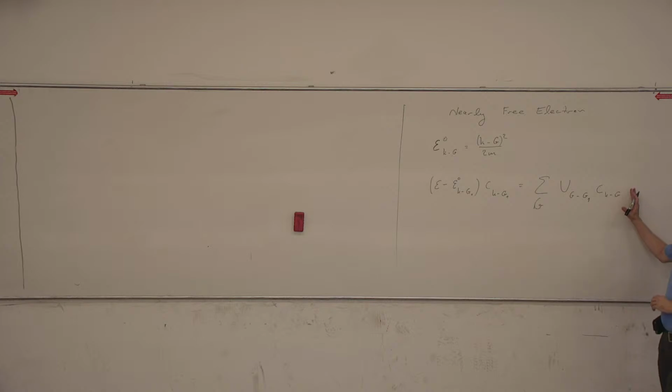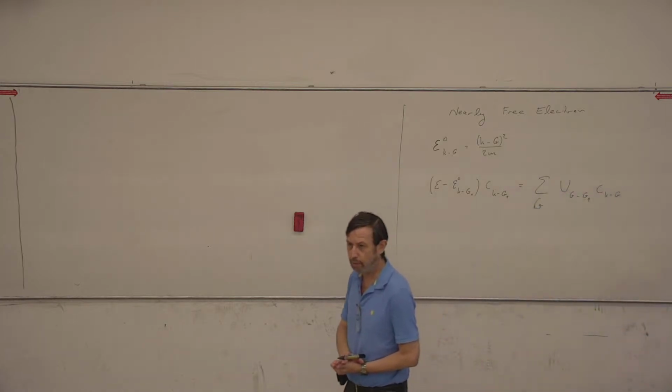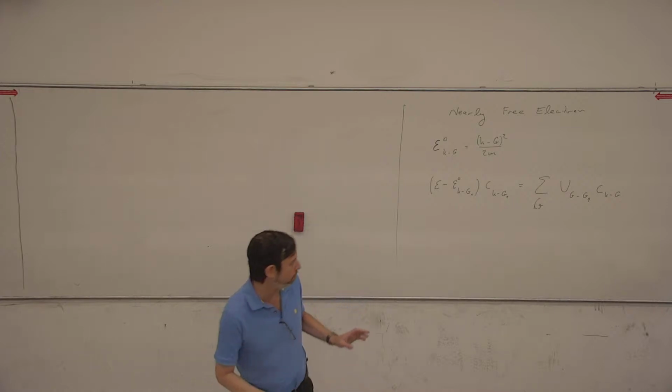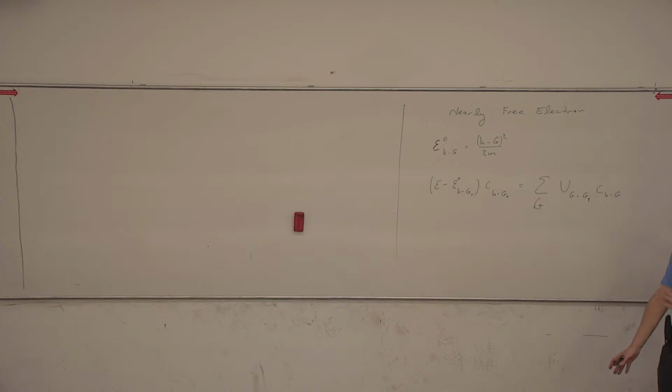Okay, from where does it come? Well, we did it last lecture, but we can also look at whether it makes sense in physical terms. What do we have here? Let's assume we have no potential.